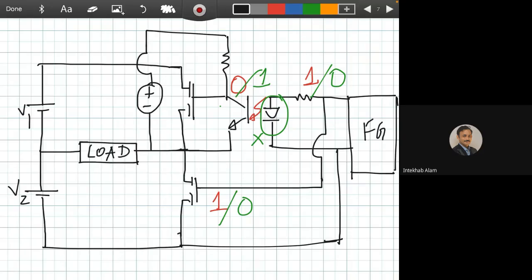So considering the voltage source, you may use this amplifier circuit also. Here we can use it as an amplifier. If the logically 1 from the function generator is 5 volt, we have to use this voltage as 5 volt. So all the MOSFETs will get 5 volt, both.